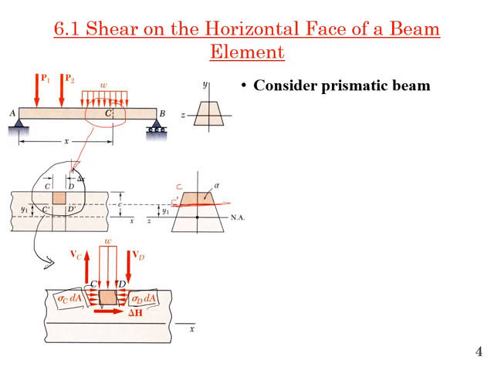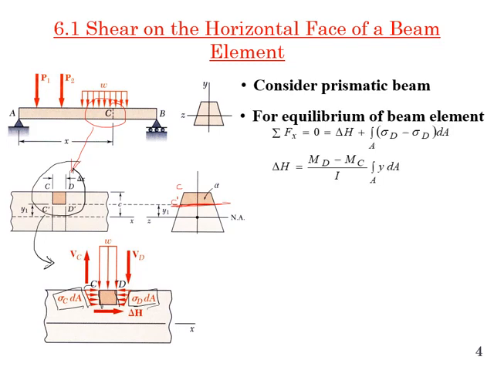Now let's take the sum of forces in the x direction, which must be equal to 0. So if I write the sum of forces in x direction equal to 0, delta H taking positive plus the integral of sigma C minus sigma D dA.